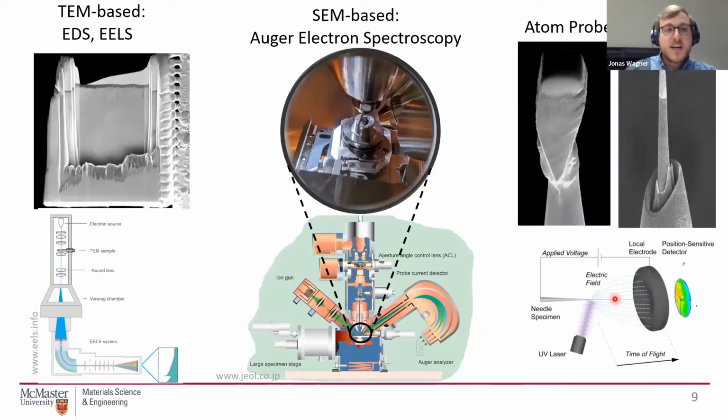Now, the practical side of our three techniques. We have TEM first. We usually have to produce an electron transparent sample, so very thin. And there are different techniques. If you want to target a specific interface, flip lift-out is usually the way to go. So we produce such a thin lamella. It is mounted on a copper grid.